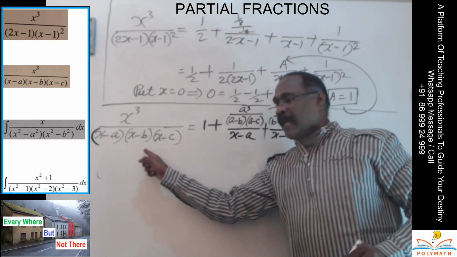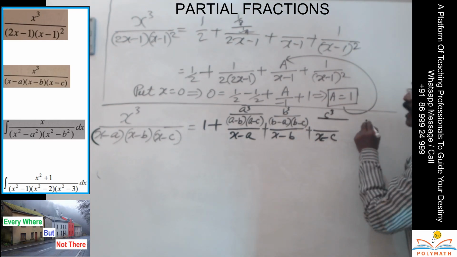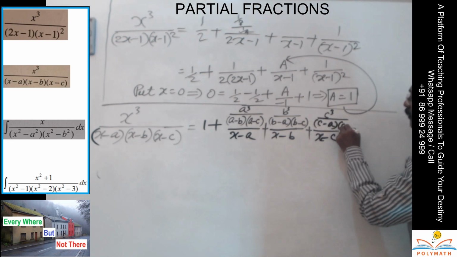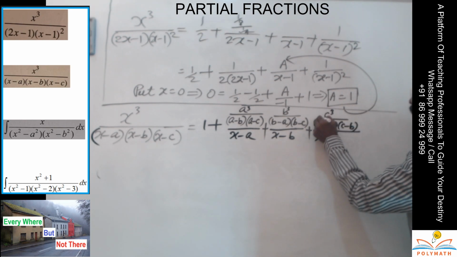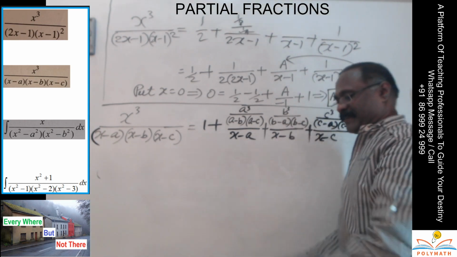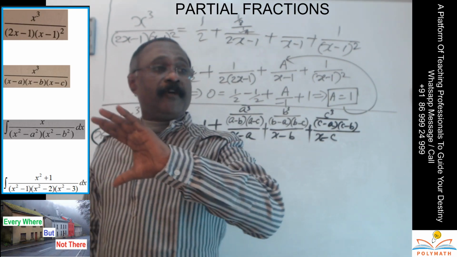It is c cubed divided by (c minus a) into (c minus b). That's it, done within one step. We did it within one step.